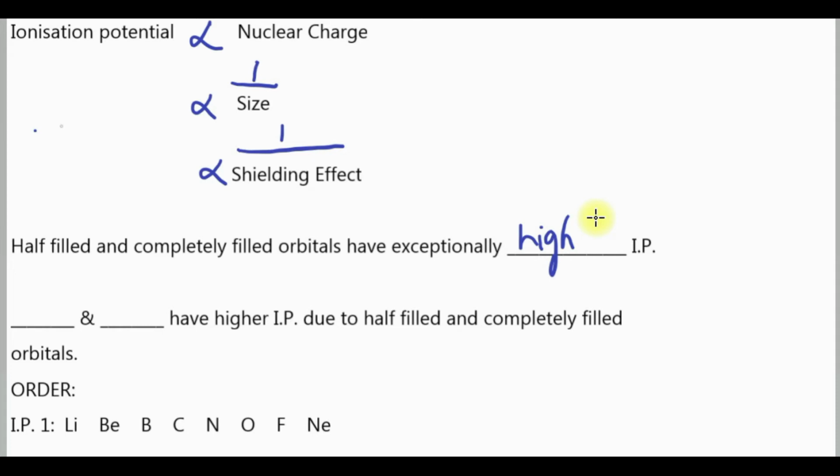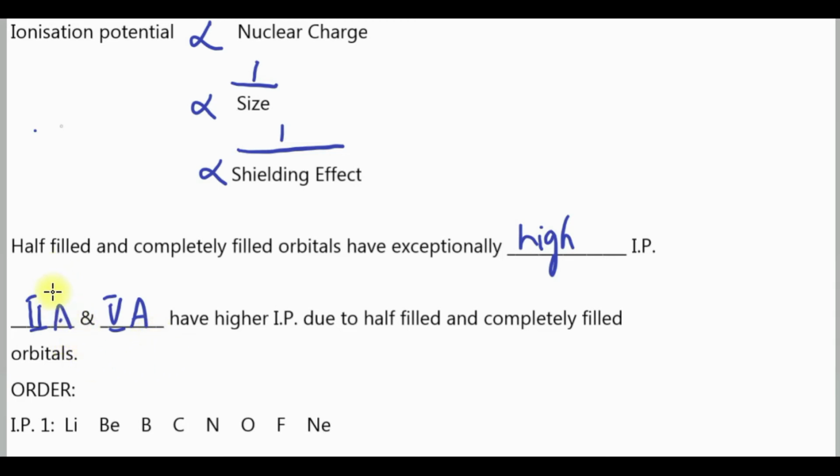They don't want to give an electron, they don't want to take an electron, they are good as they are. So based on this point, we can conclude that 2A group elements and 5A group elements have higher IP due to half-filled and completely filled orbitals compared to their preceding and succeeding elements.